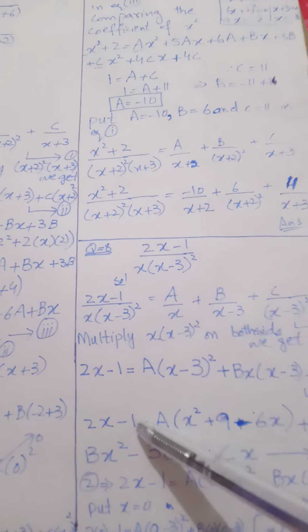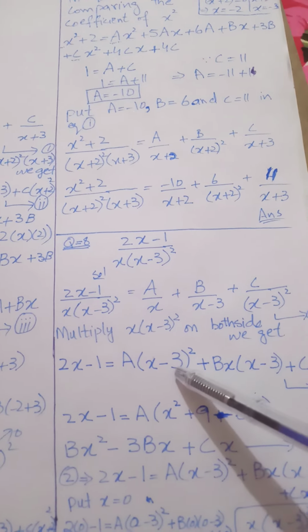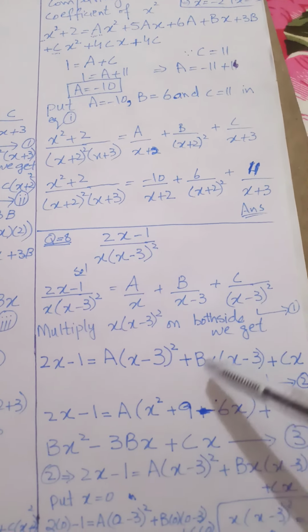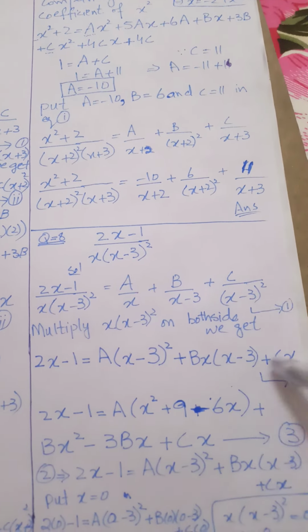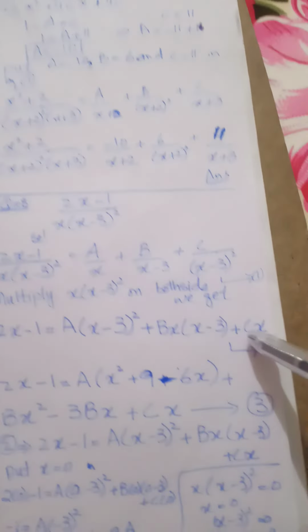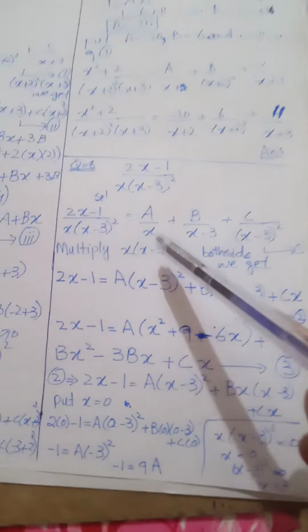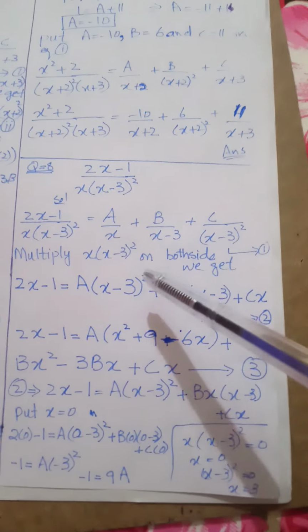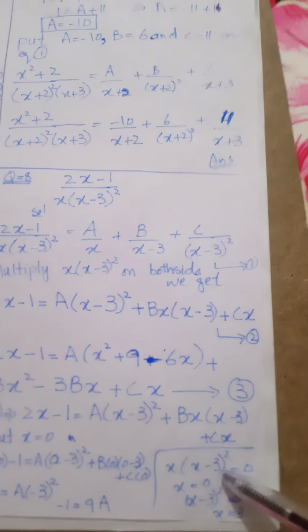Now this is 2x minus 1 equals a into x minus 3 whole square plus bx into x minus 3 plus cx. When we take these factors to be 0, it gives us only two terms, x into x minus 3 whole square.